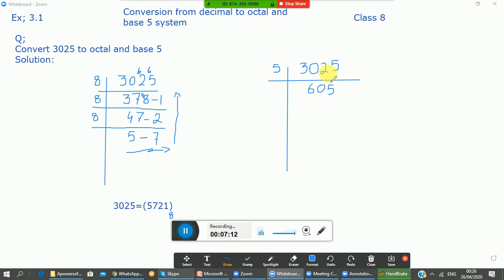Then you will join this 2 with the next digit. It becomes 25. Now divide 25 with the table of 5. 5 5s are 25. Again dividing the table of 5.